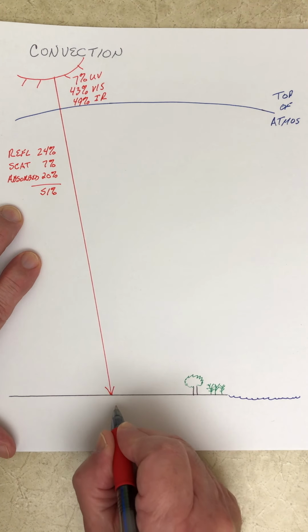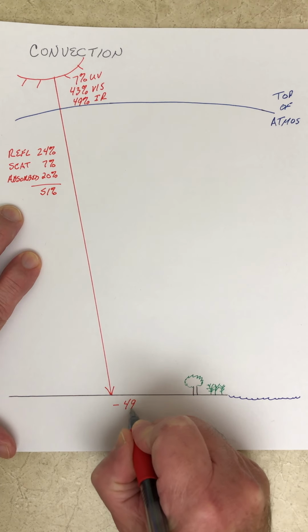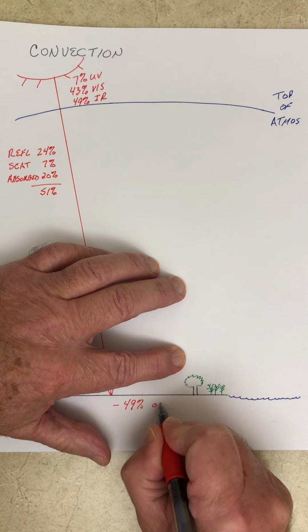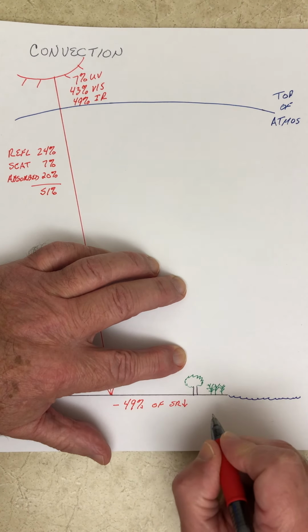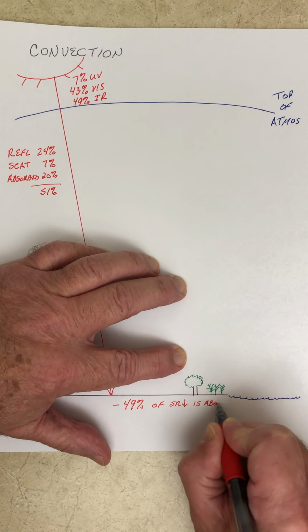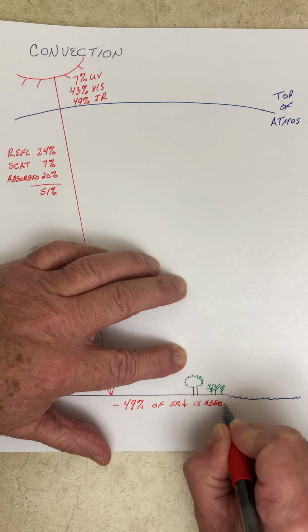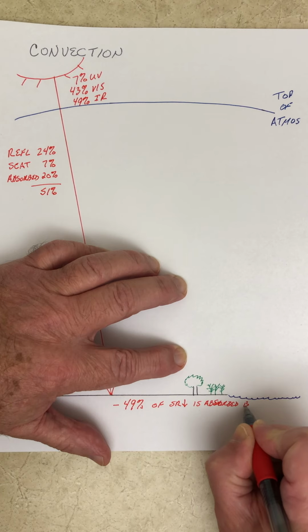Okay, so that leaves 49%. So 49% on a global basis of incoming solar radiation is absorbed by the surface. Absorbed, spell it right, absorbed by the surface.